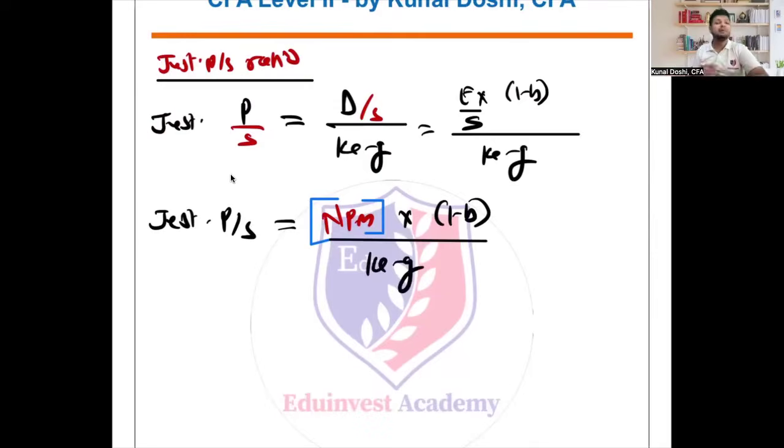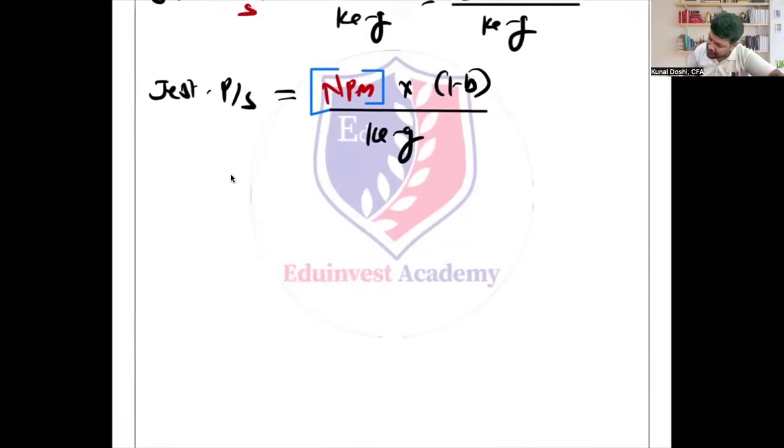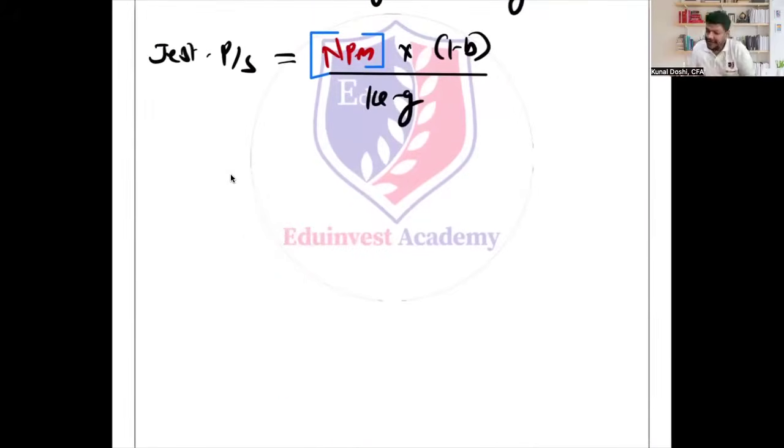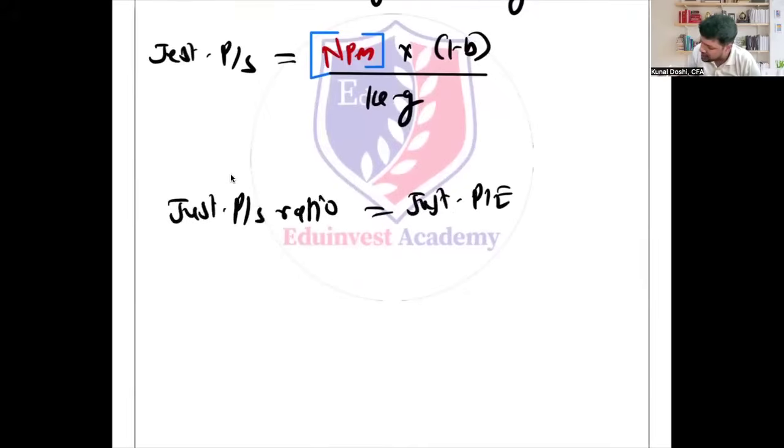Notice the similarity between the price to sales and price to earnings. Somehow they are connected, right? In fact, if I want to find justified price to sales ratio, I can actually derive it from justified price to earnings ratio, which has this component 1 minus B over cost of equity minus G. The only thing missing is net profit margin.